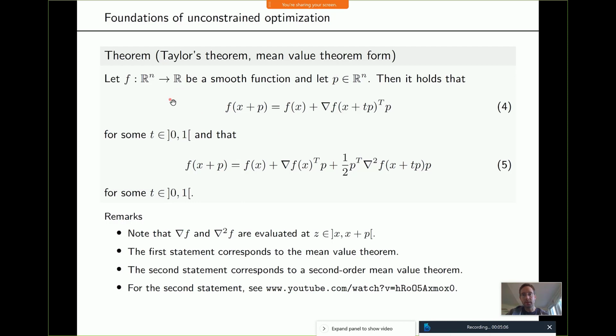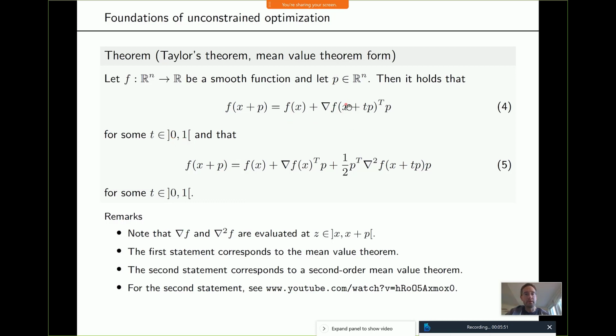So again, think about that if f is a multivariate real-valued function, and you're trying to compute f at the location x plus p, where p is the step that you take from x, then you can express the value f at x plus p as the sum of the value of f at x and the product of the gradient of the function f at a location x plus tp, where t is in the open interval 0 to 1.